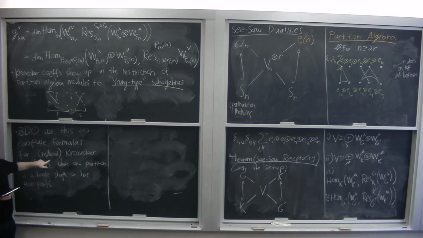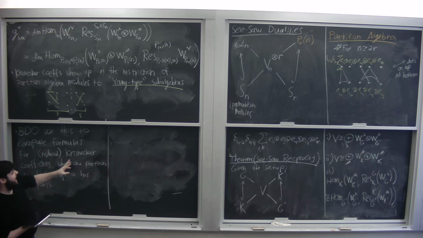We're not going to worry about what the reduced here means. There's some kind of stability that happens in this representation theory as you let the partitions get really big, and so they computed things in this limiting case. And part of that has to do with this fact about n needing to be at least 2r.